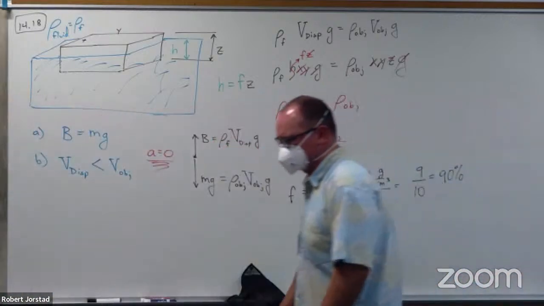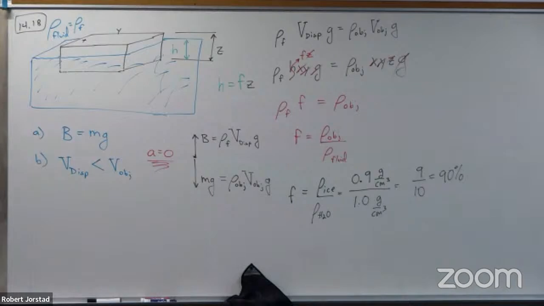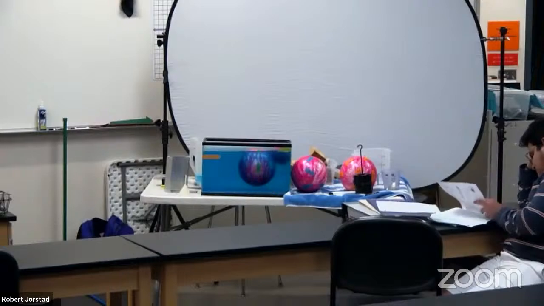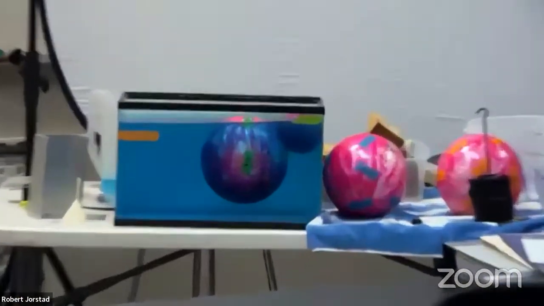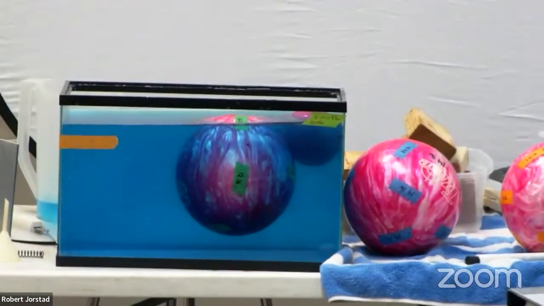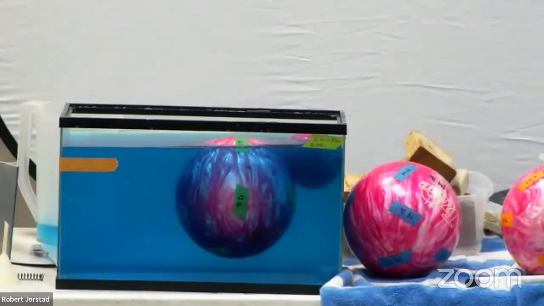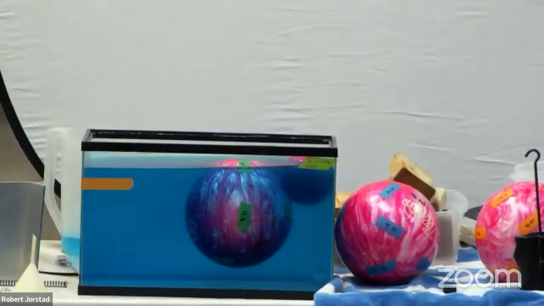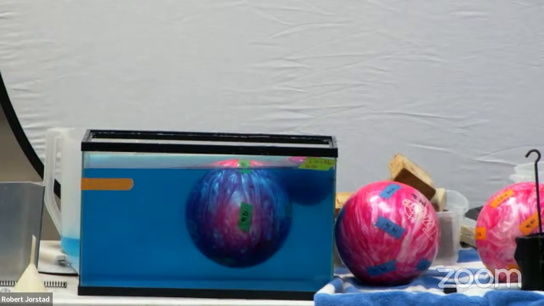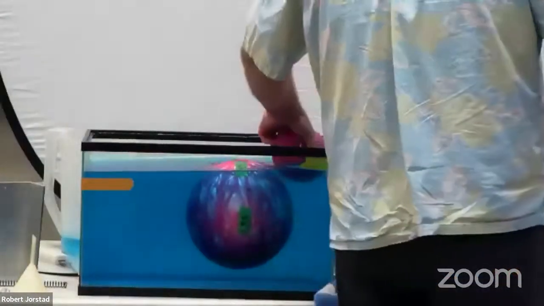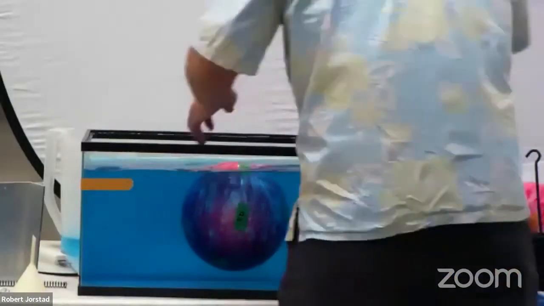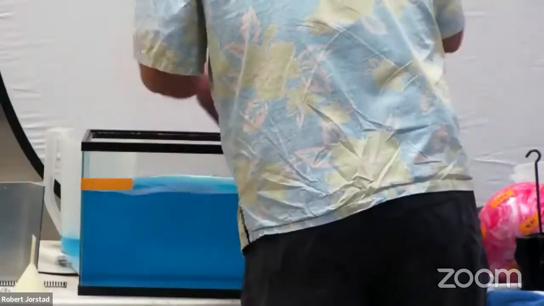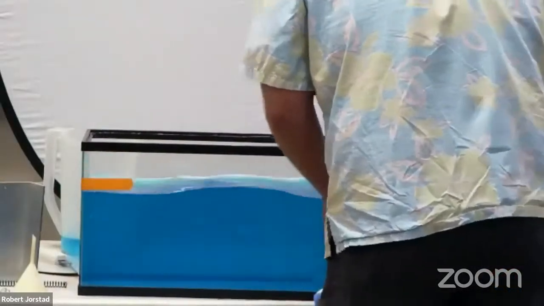Let me do this. There we go. All right. So imagine you have a crown or something that's a weird shaped volume, and you want to get the density of that object, right?